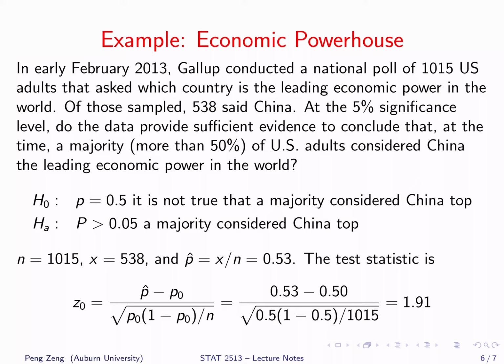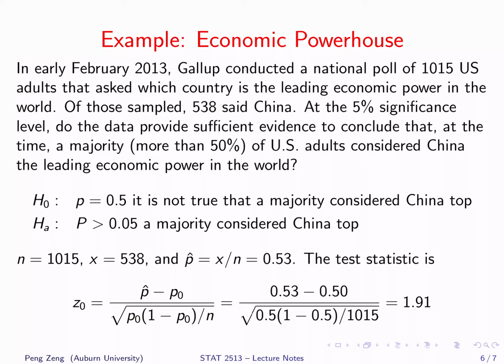The alternative hypothesis is p greater than 0.5, which means that a majority considered China top. Here, we use a right-tailed test because the problem asks about the majority. Notice that the word majority indicates more than 0.5.